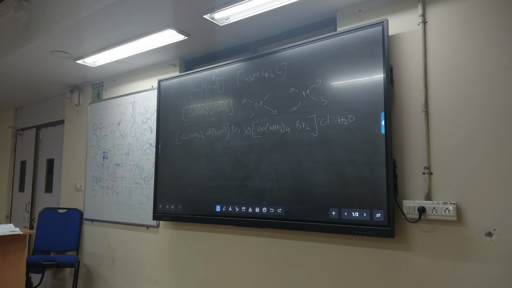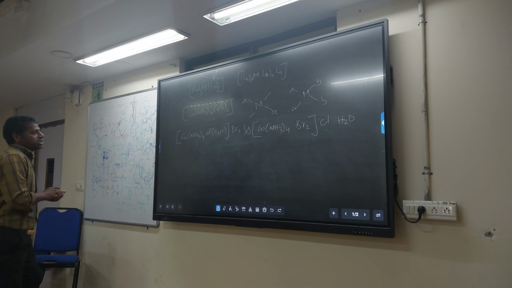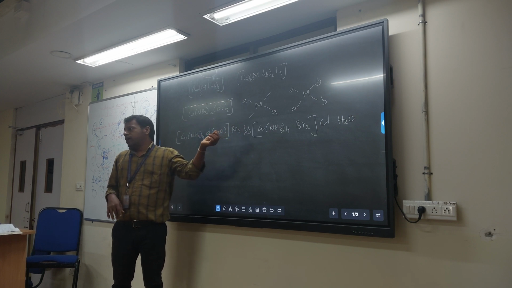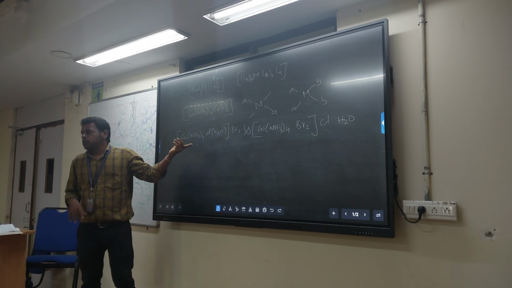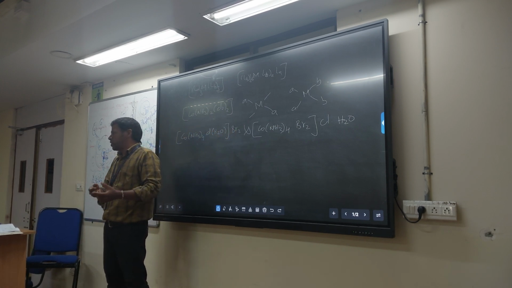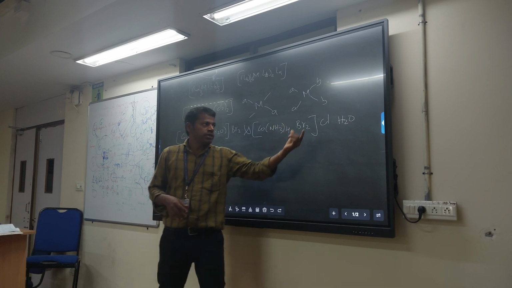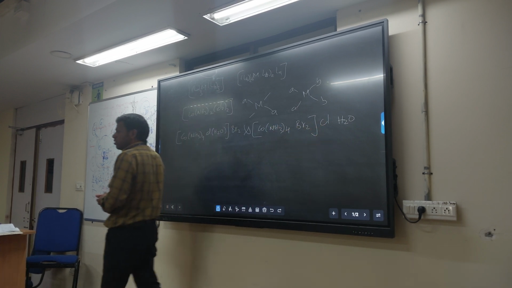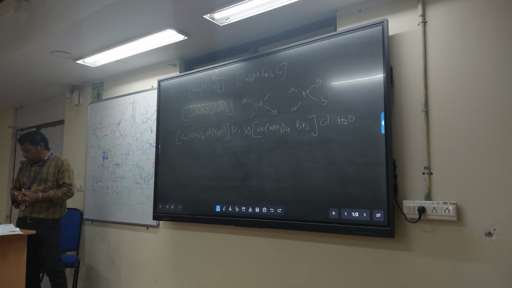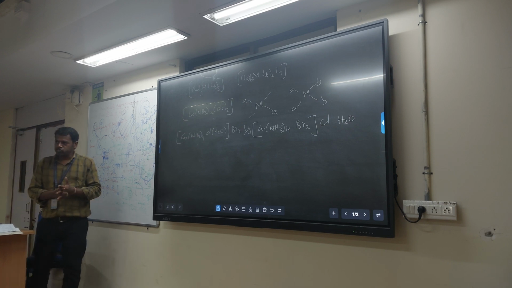Try to find that, because sometimes one complex shows so many isomerisms. Yes, ionization isomerism. Here the water molecule also exchanges between inner and outer sphere, and if you dissolve this complex, it gives bromide as a counterion. But if you dissolve the other complex, it gives chloride as a counterion. So ionization isomerism, and the hydrate isomerism. Yes, hydrate isomerism also.